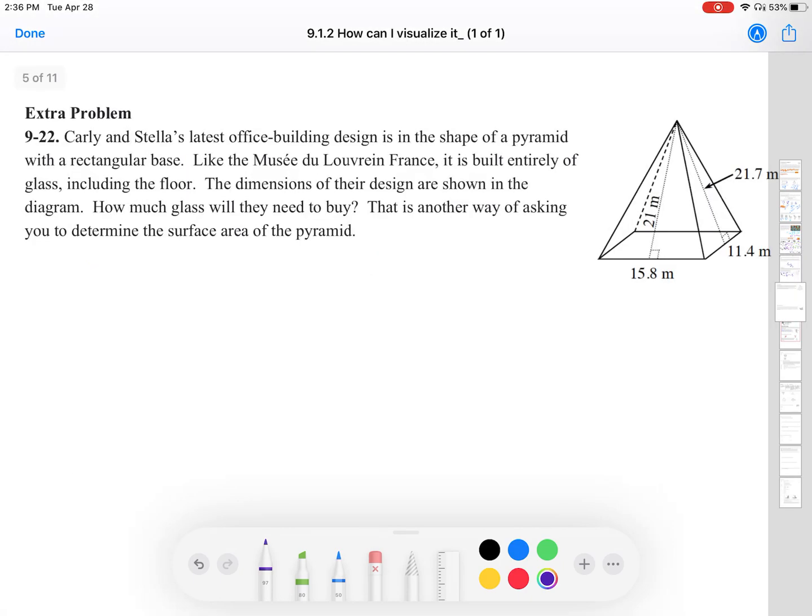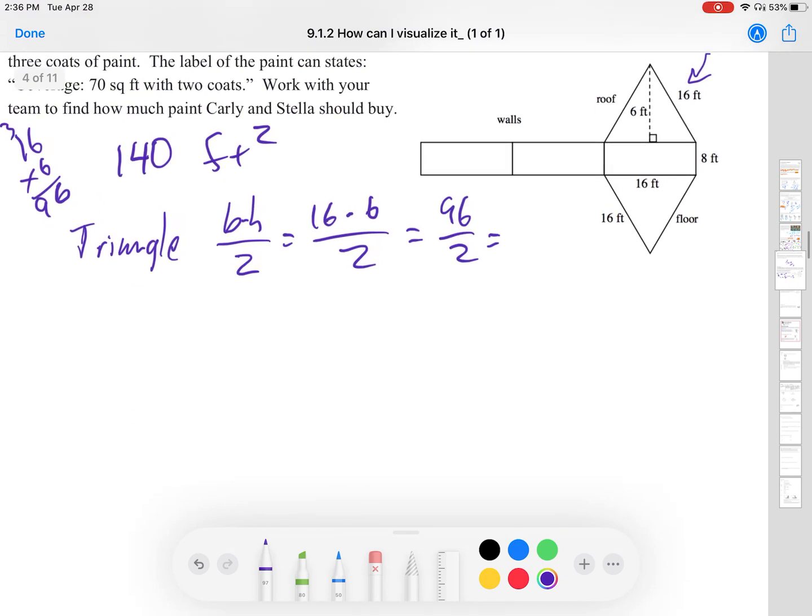So the triangle is 48 square feet, but that is the front or the back, not both of them. So I just need to multiply it by 2 to get the total. So front and back is 96 square feet.